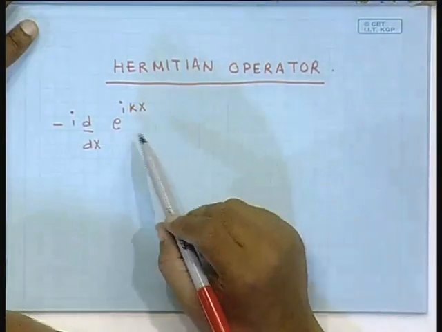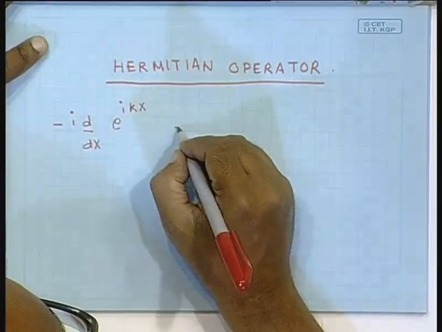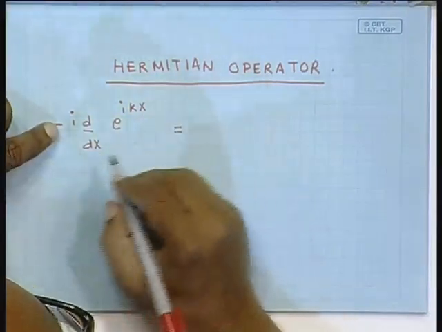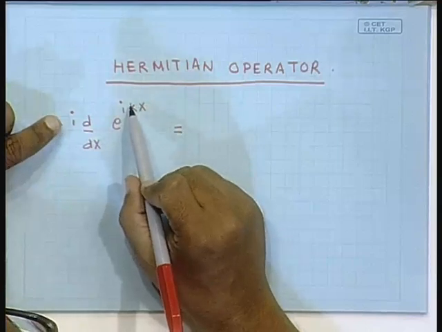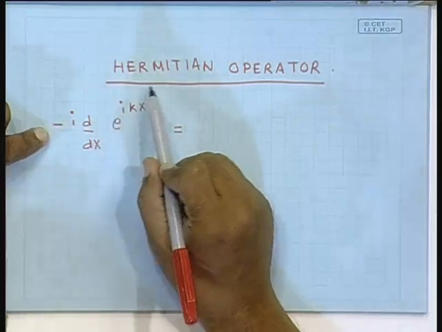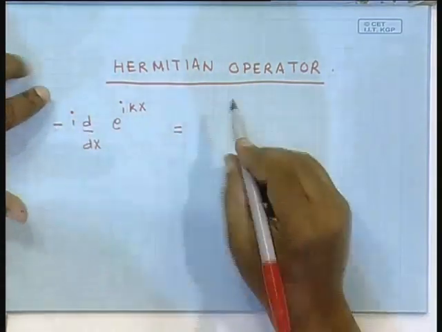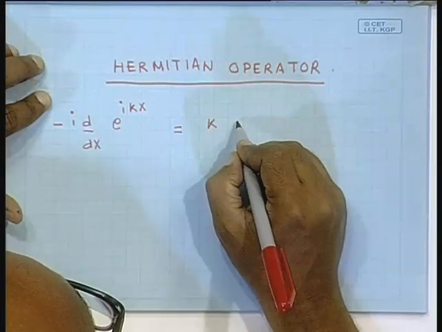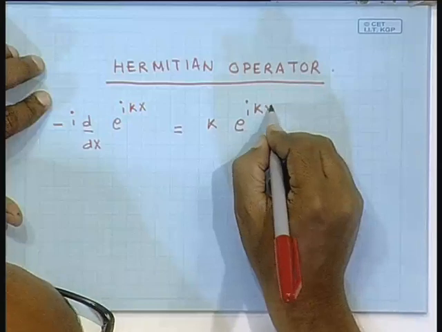So, let us look at the function e to the power i k x, and when this operator acts on this, it gives us, what does it give us? If I differentiate this with respect to x, I will pick up a factor of i into k, and I will retain the original function. i into minus i gives 1. So, this gives me k into e to the power i k x.